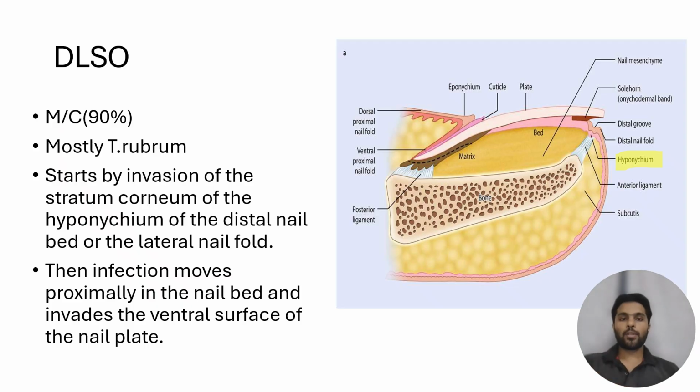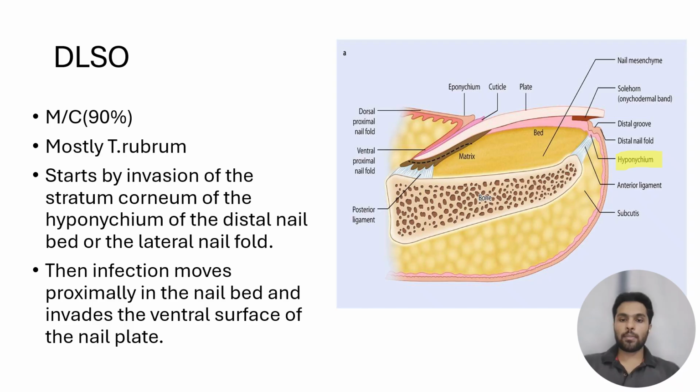Now we will come to DLSO, that is distal lateral subungual onychomycosis. It is most commonly caused by Trichophyton rubrum, and it starts by invasion. The fungus invades through the stratum corneum of the hyponychium. As we can see in the image, hyponychium.